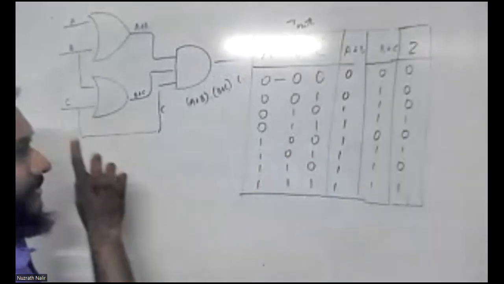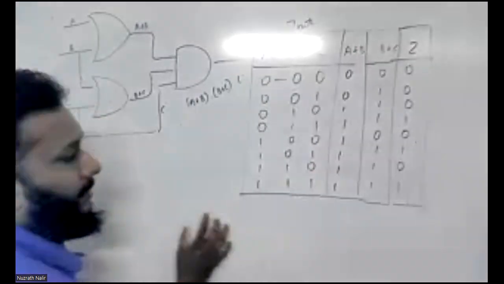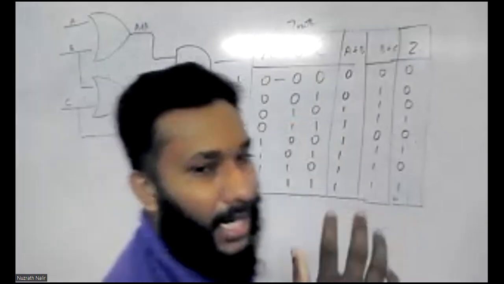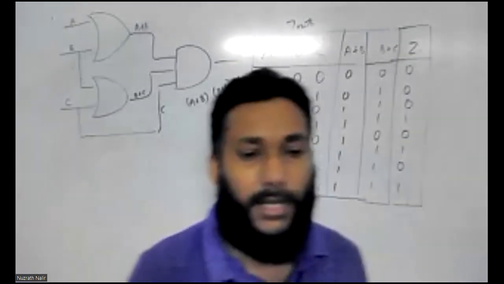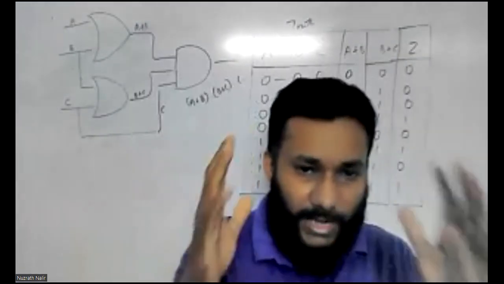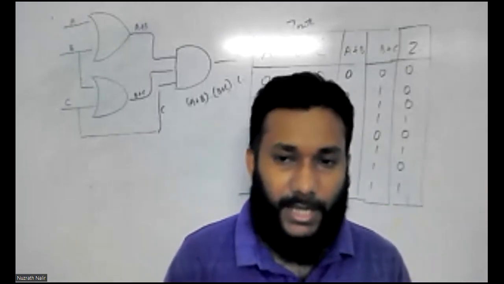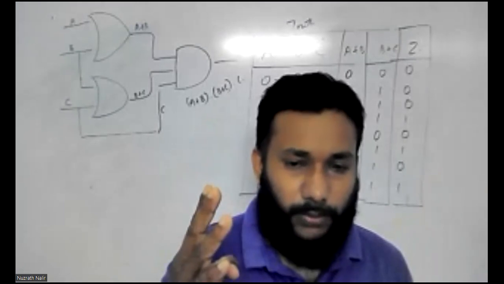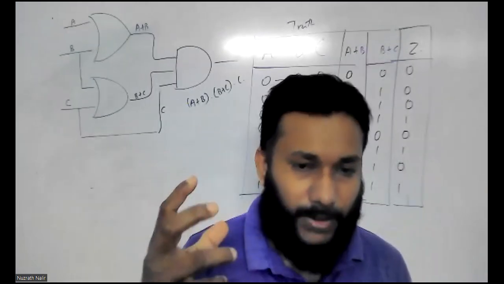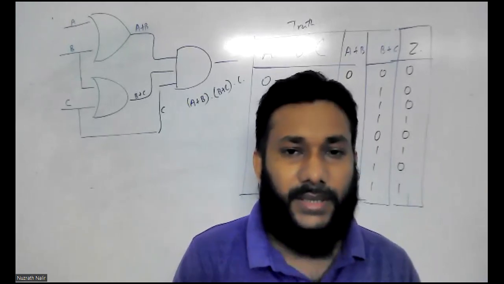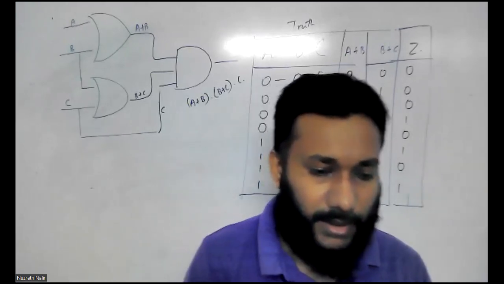Now let's start with this truth table concept. From this truth table, we are going to draw the Karnaugh map, and we are going to use the Karnaugh map concept in two different ways. Number one, SOP. Number two, POS. So this is our main question.